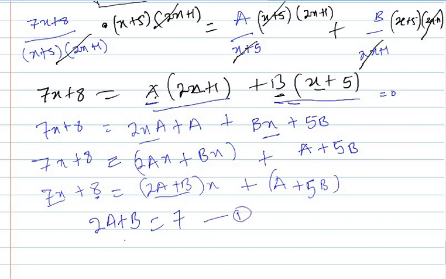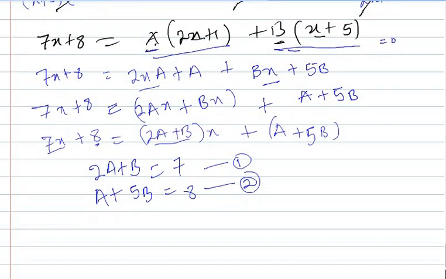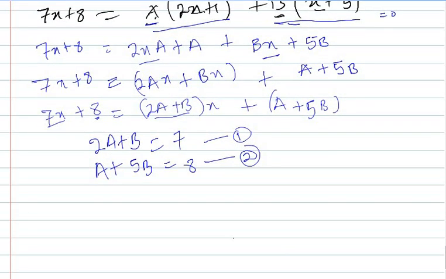And for the other equation, considering the constant term, we will have a plus 5b is equal to 8. So this is equation 2. If you use simultaneous equations, you can have the value of a and b.